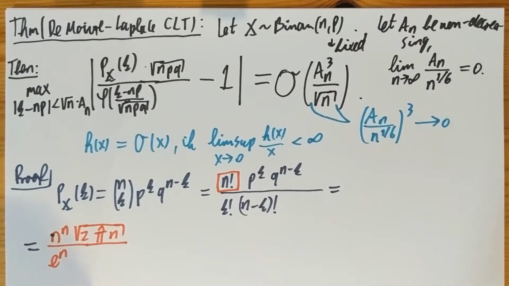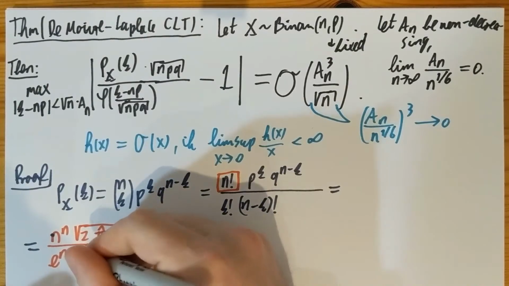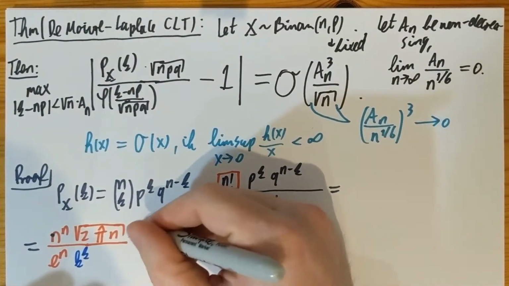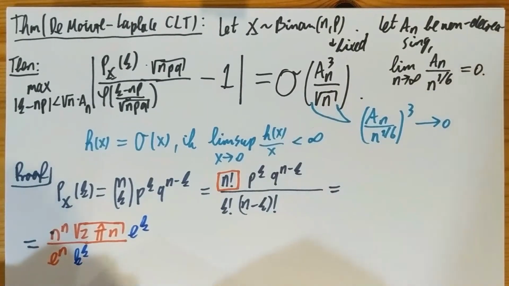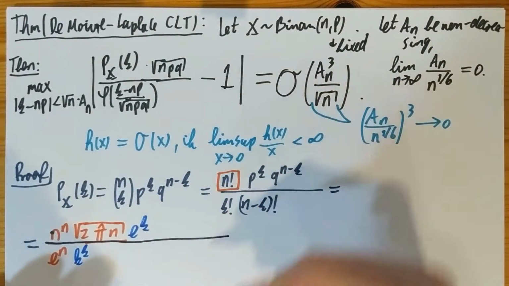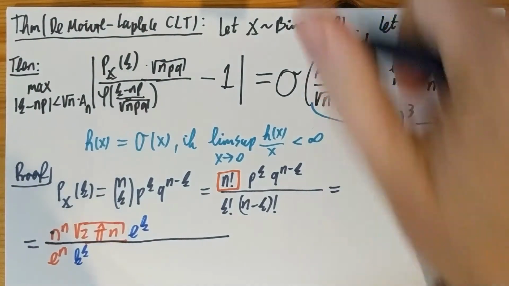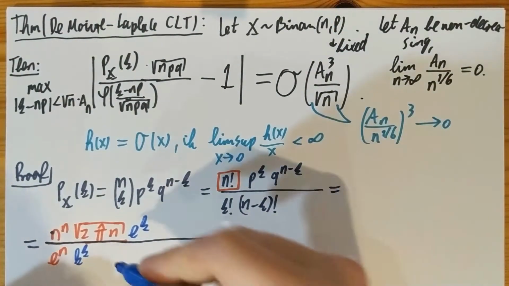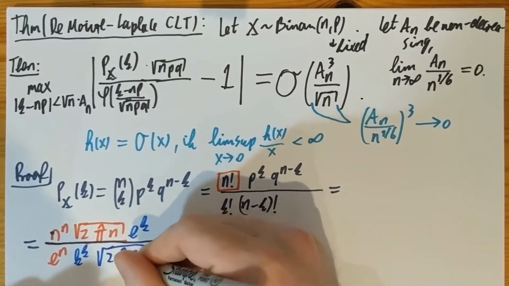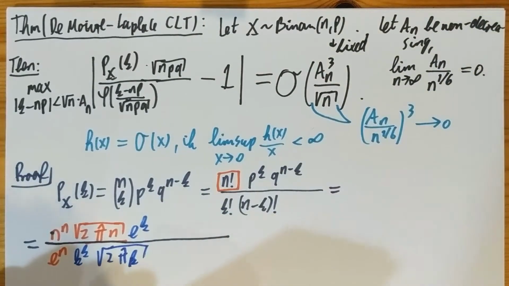And I can apply Stirling's formula on that and put k to the k over e to the k, and over square root of 2 pi hat k. So this was k factorial, and I don't forget about some errors which come at the end.